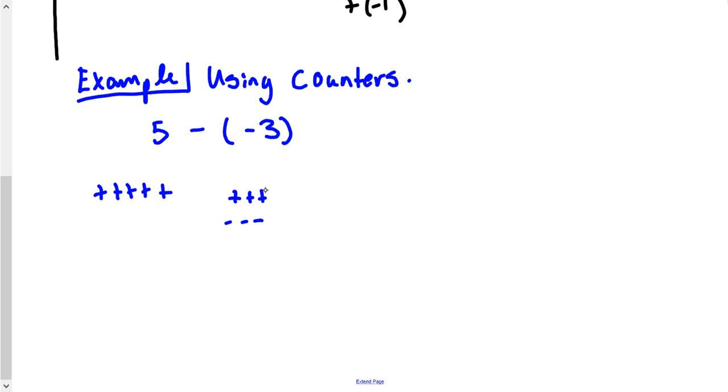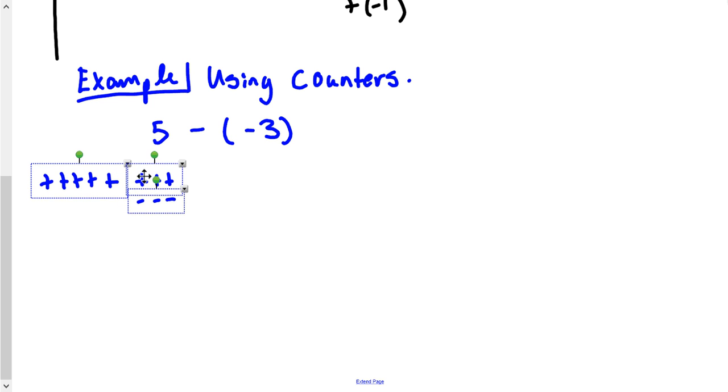Oh, that's way too close to the 3. I don't want that there. Let's move this here. Okay. So this is all 5. That represents 5 because this technically equals 0. That's a bad spot to put that. Let's put it up here.